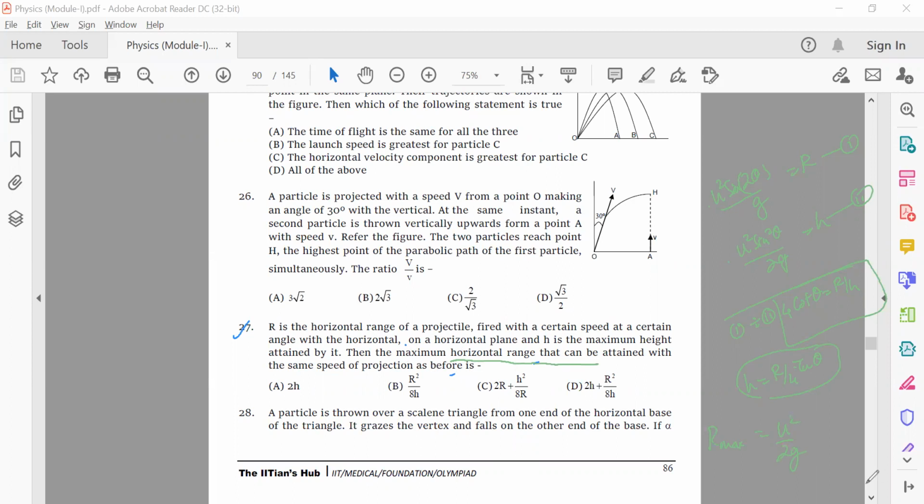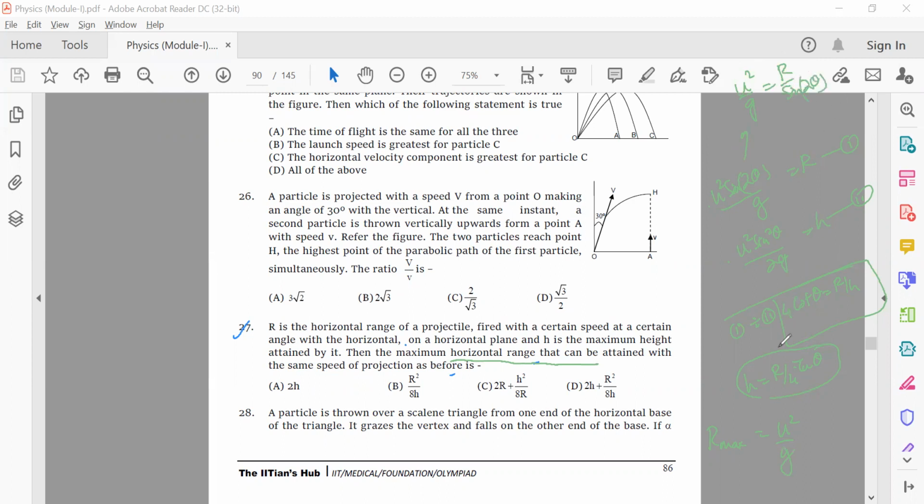Yes. So how do we find this value? From here you can see that this is U square by G, right? Sorry, U square by G. Yes, that's correct. So now I have to write that value of U square by G in terms of these quantities which are known to me, H, R and so on. So from here you can see that U square by G is equal to R by sine 2 theta.